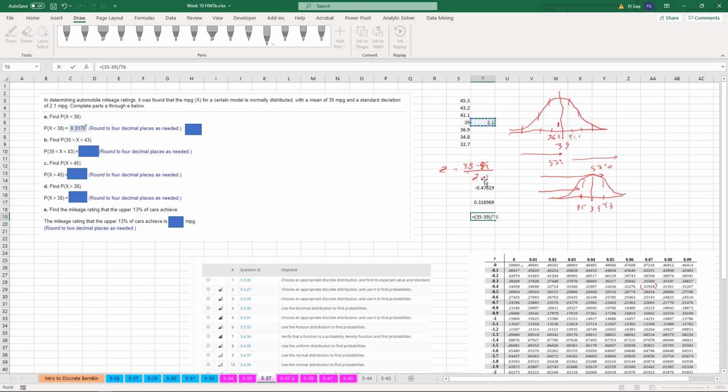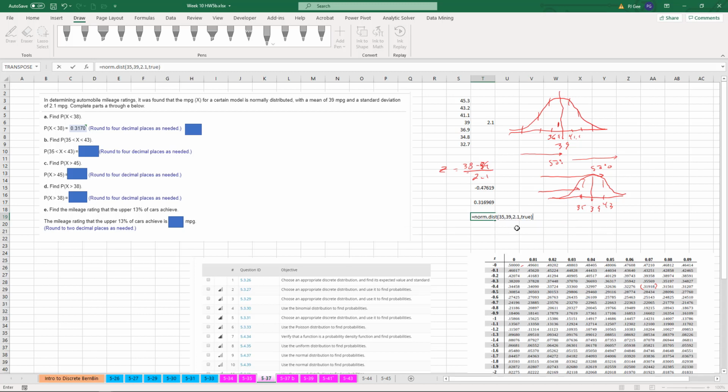In fact, we don't want to divide by 2.1 because we have to interpolate, so we're just going to do the norm dot dist formula. The x is going to be 35, the mean is 39, and 2.1 because I'm lazy, and true.